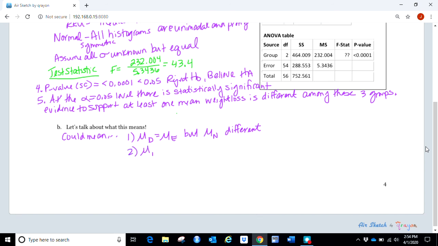It could mean that doing nothing and dieting is the same, but exercising is different. It could mean that doing nothing and exercising are the same, but dieting is different.